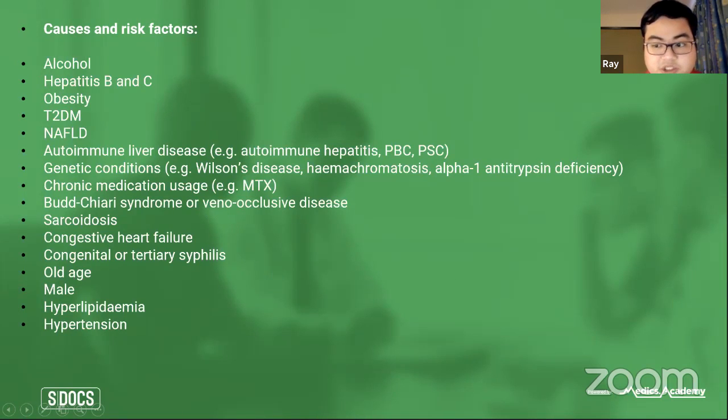Chronic medication usage, particularly hepatotoxic drugs such as methotrexate, and then Budd-Chiari syndrome or other veno-occlusive diseases, diseases that form granuloma such as sarcoidosis, congestive heart failure, syphilis, and some risk factors being old age, being male, hyperlipidemia, and hypertension are all other causes of liver cirrhosis.